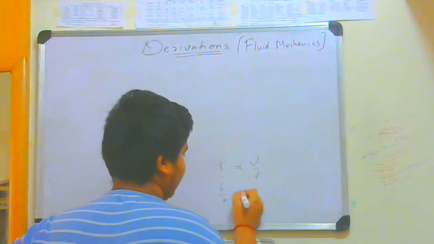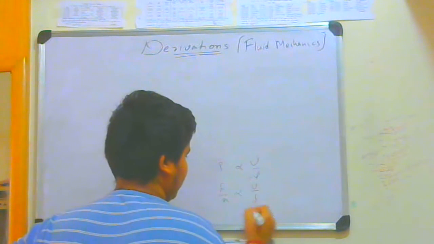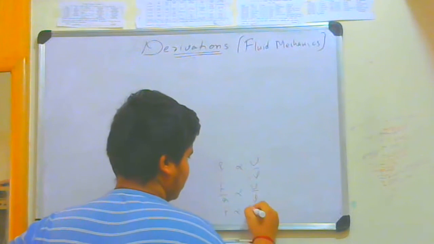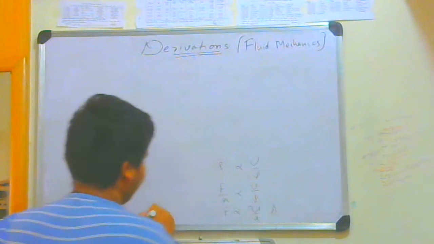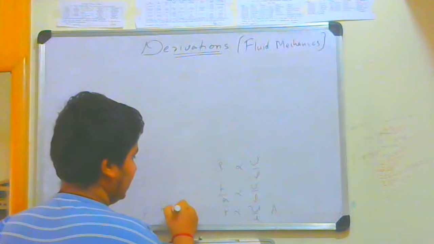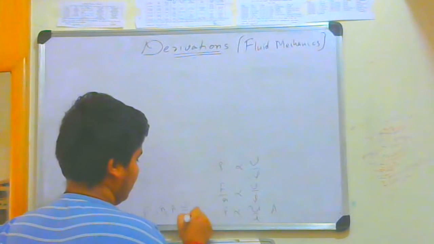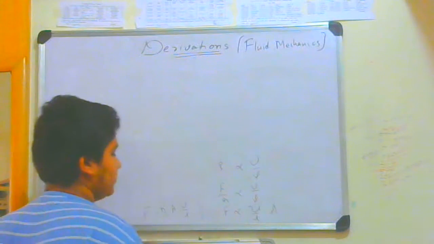Force upon area, which is directly proportional to V upon L. So force directly proportional to V upon L into A. So force is equal to constant eta A V upon L. This is my viscous force or viscous drag.